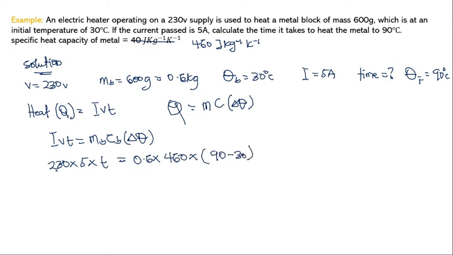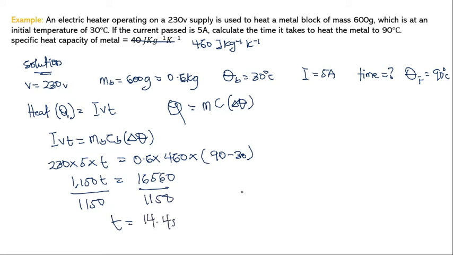If we multiply 230 by 5, we get 1150 multiplied by the time, equal to 16,560. If we divide both sides by 1150, we get our time to be equal to 14.4 seconds.